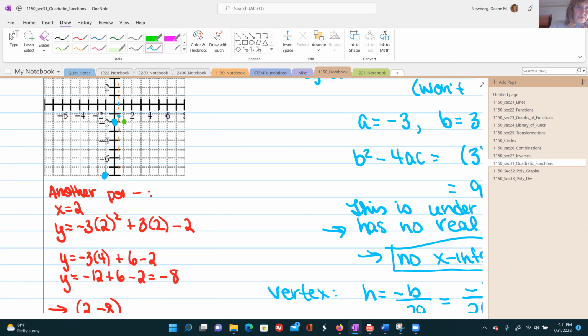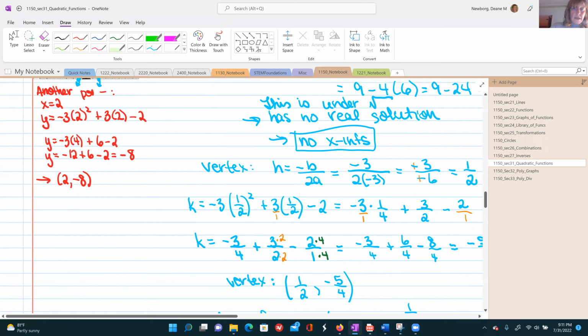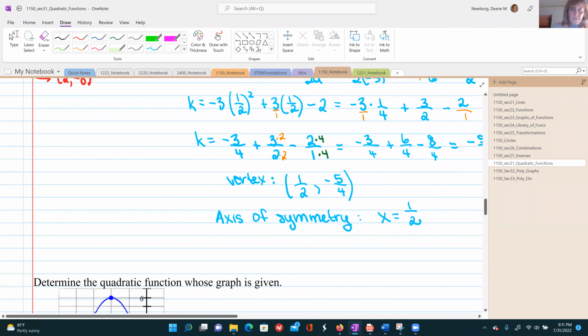And then just connect the dots. And we knew it should open down because the a was negative. That was just part A.